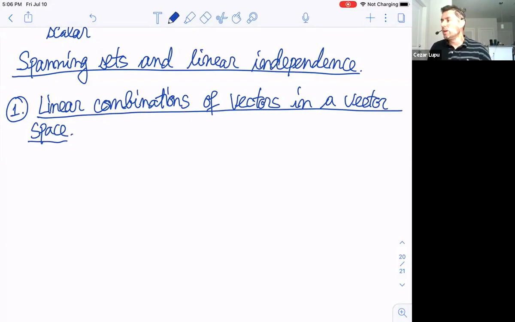So what is a linear combination? Let's start with the definition.